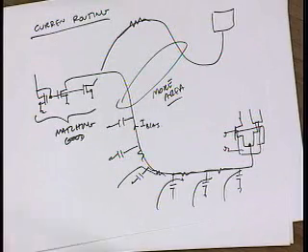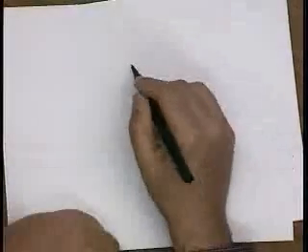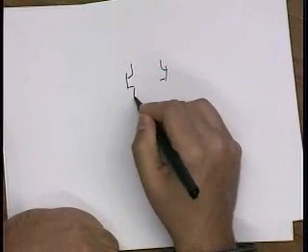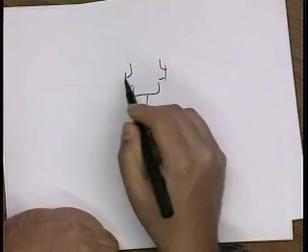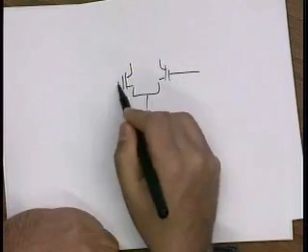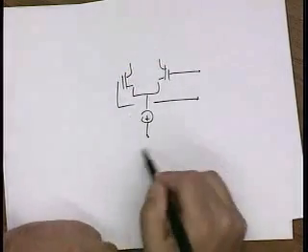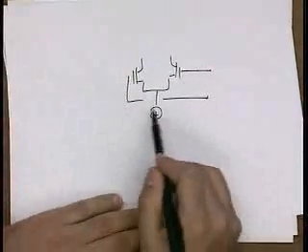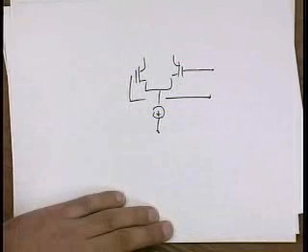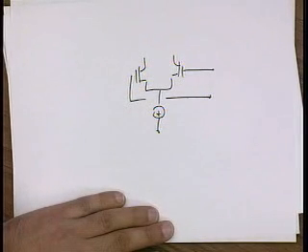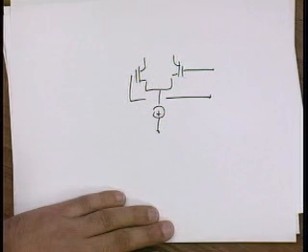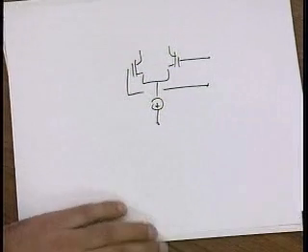All right. So if I'm designing a diff pair, why do I use a current source here, right? I could just ground this point. It's a virtual ground. Why use a current source? All right. Anybody?